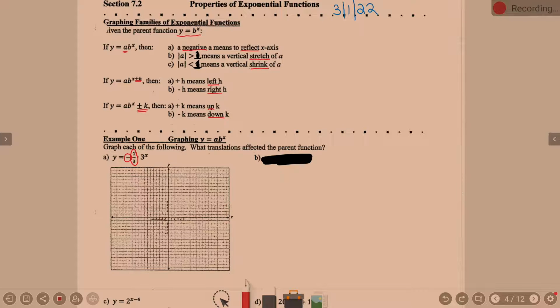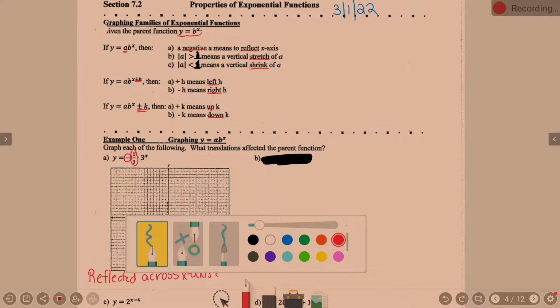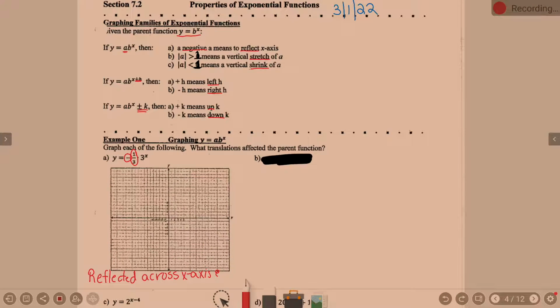in terms that this is reflected, and specifically we're reflecting across the x-axis, and I'm squishing this in, sorry, a vertical shrink, and that is by a factor of 1/3.